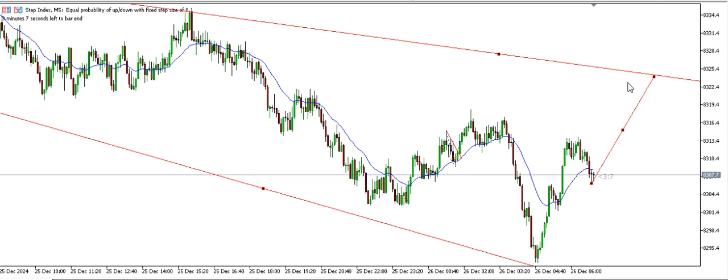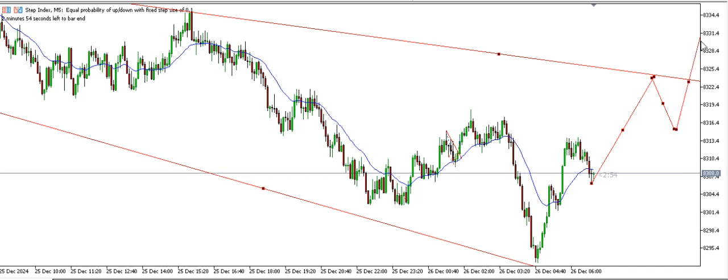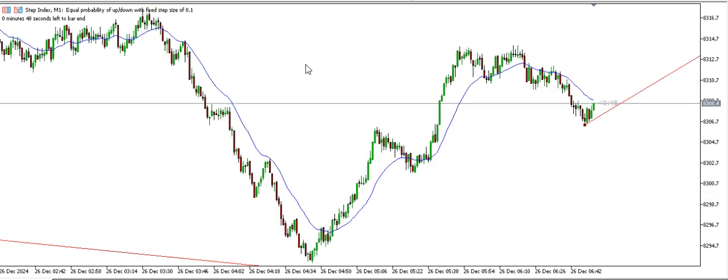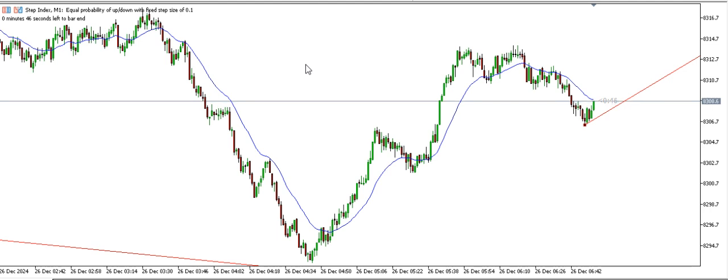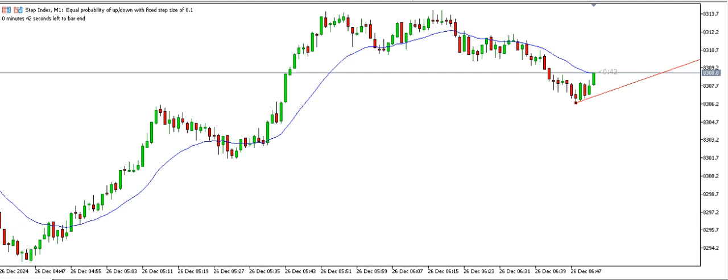But there is going to be a cluster of sellers around here, so price might drop a bit back to this top to find support and then possibly go up. So this is a possibility, price go wherever it's going to go. But let's look at how we can now trade step index on the one minute time frame.